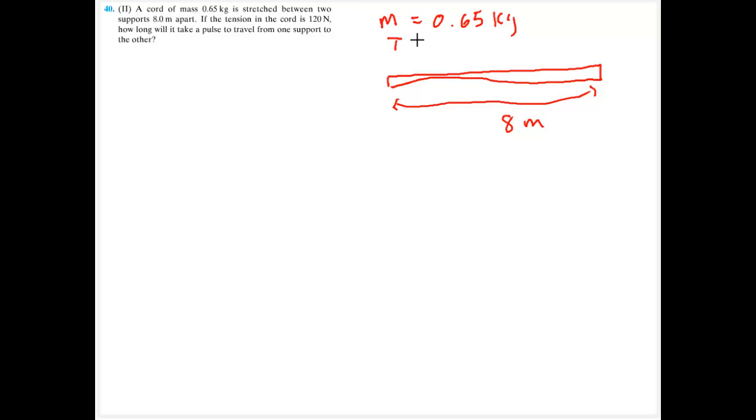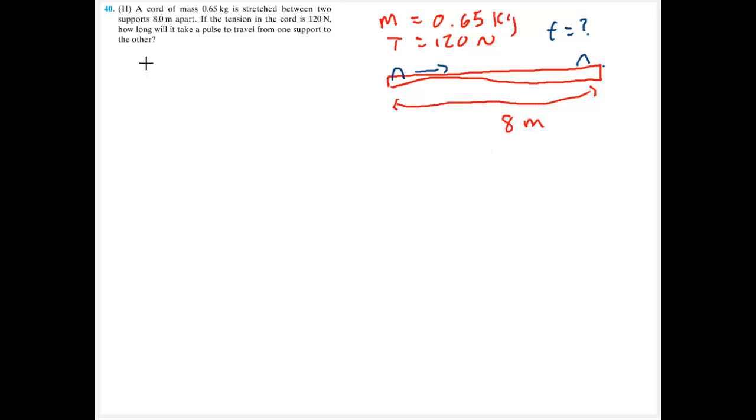And I also know that it's stretched with a certain amount of tension that's equal to 120 newtons. And I'm interested in how long it's going to take a pulse to go from one side of it to the other side. So I got my pulse, it travels along, and finishes right over there.